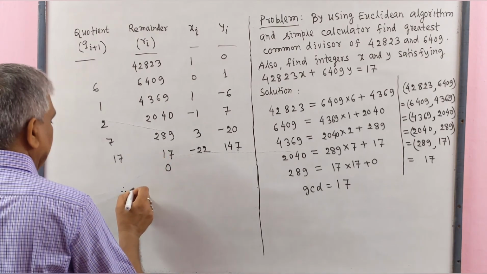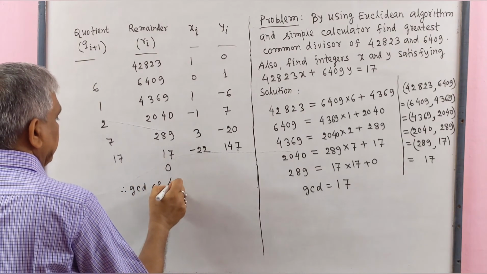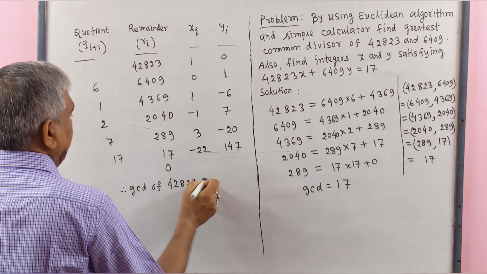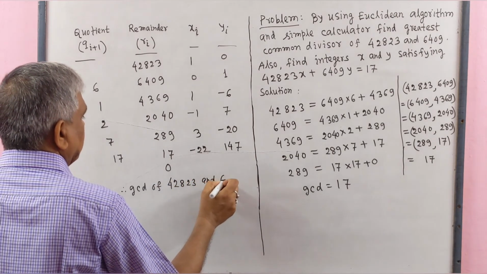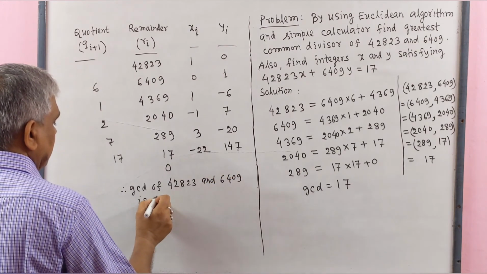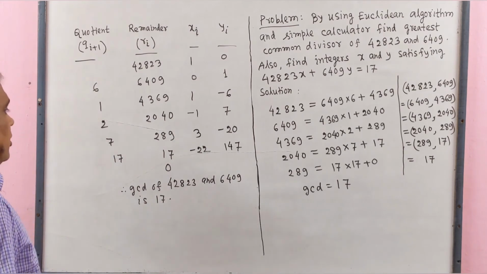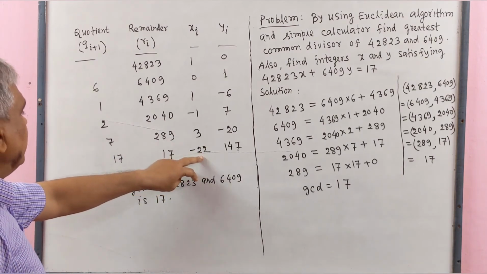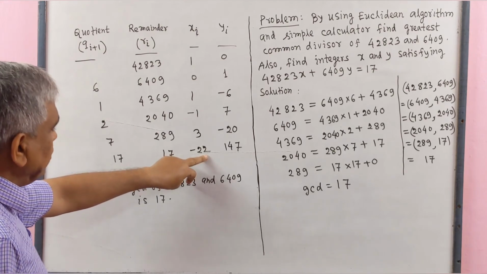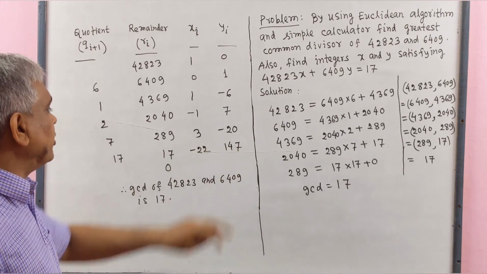Therefore, the GCD of 42,823 and 6,409 is 17. Here we get the value of x naught equal to minus 22 and the value of y naught is 147.